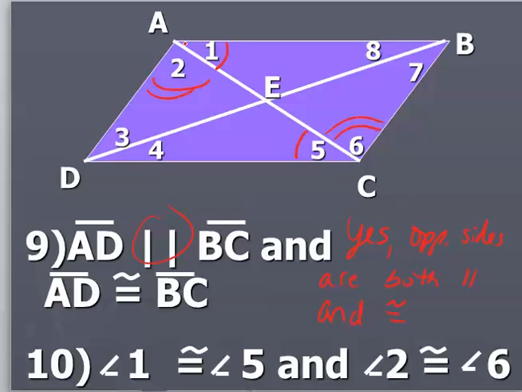If I have AB and DC, the line that touches those and forms the congruent angle 1 and 5 would be like a transversal, and I know that 1 and 5 are congruent. Those are alternate interior angles. So by the alternate interior converse, I know that AB is parallel to CD.